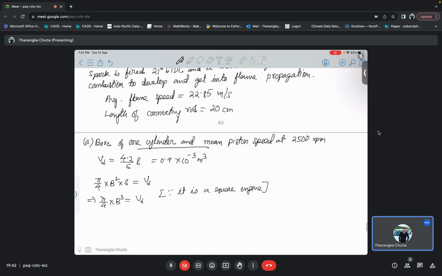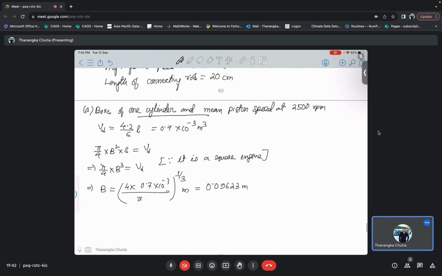Okay, so from here B is equal to (4 into VD, 0.7 into 10 to the power minus 3, divided by pi) to the power 1 by 3 meter. So you'll get this one as 0.09623 meter. Okay, and this will also be equal to S.